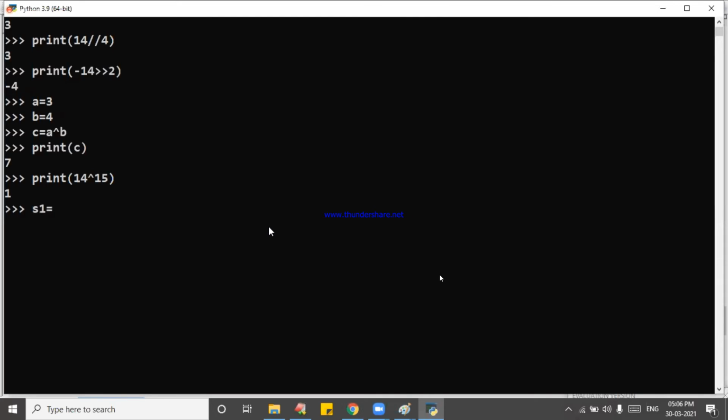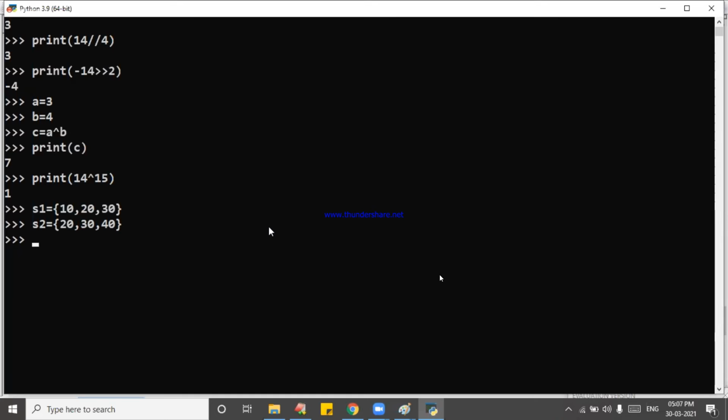Set S1 is equal to 10, 20, 20, 30, 30, 30. Next, S2 is equal to 20, 30, 40, 40, 40.